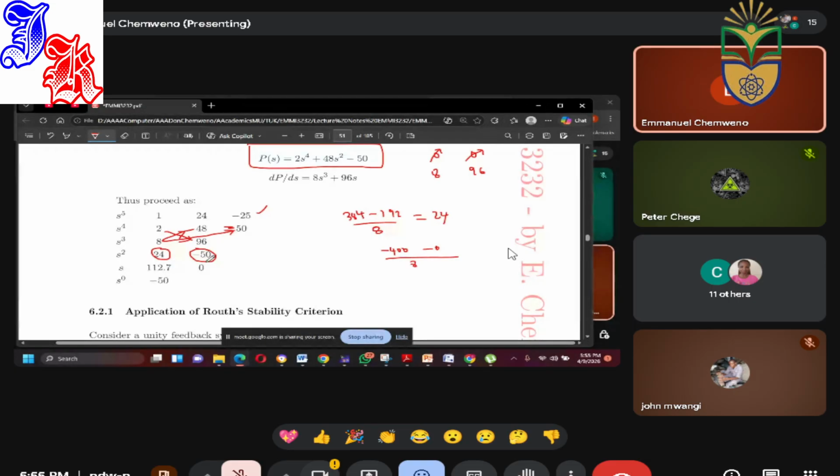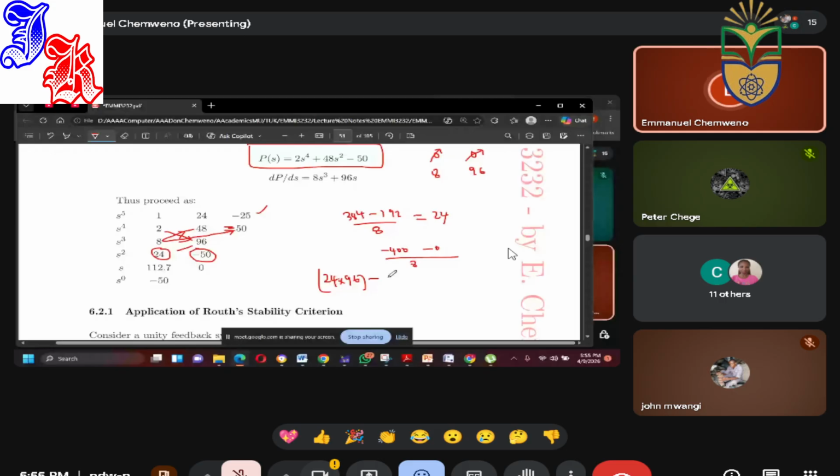Finally, 24 times 96. The next is 24 times 96 minus 8 times 50, which is now positive, over 24, is equal to 112. Which is this.